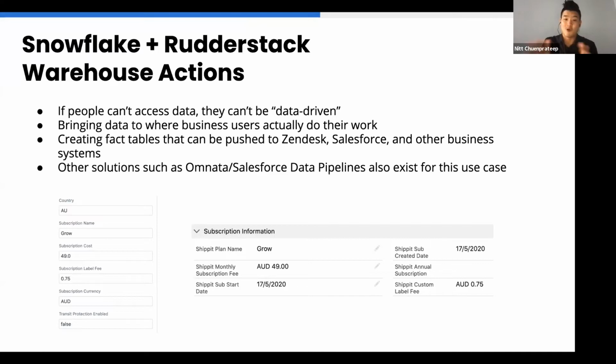For example, here I've got subscription information, I've got costs, I've got label fees, I've got currency, I've got whether they have trans protection on, all sorts of these fields. And this is a subset of these fields, right? And push them across to Zendesk or Salesforce through a warehouse action in RudderStack, right? And utilizing these warehouse actions allows me to say, hi, guess what?